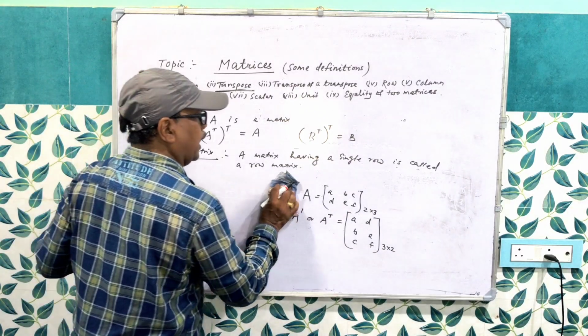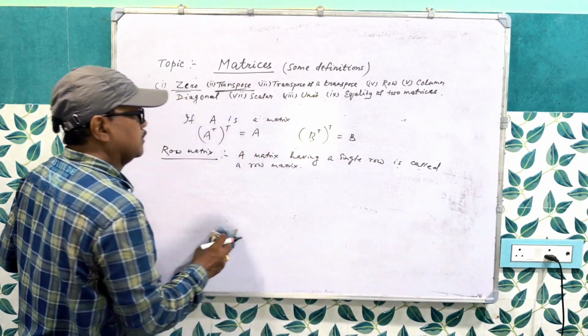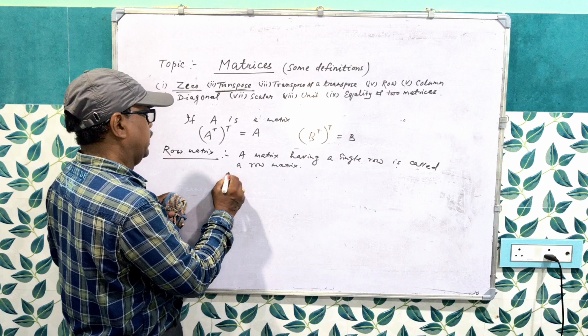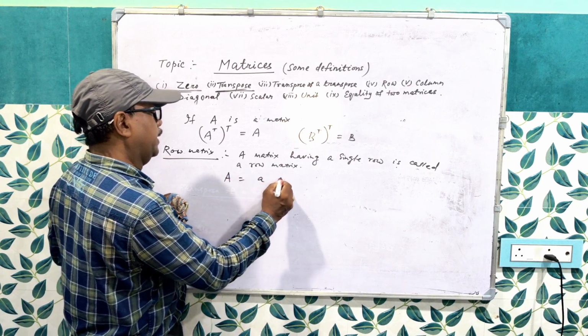Now we can write a row matrix. Suppose A is a matrix A, B, C.